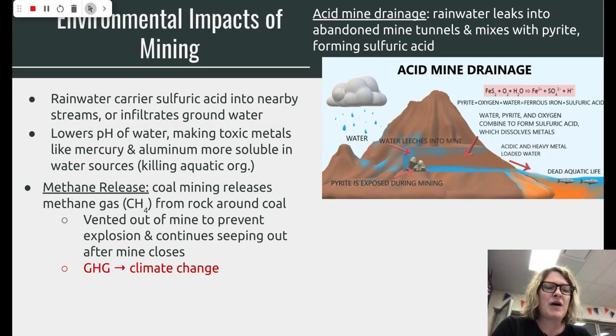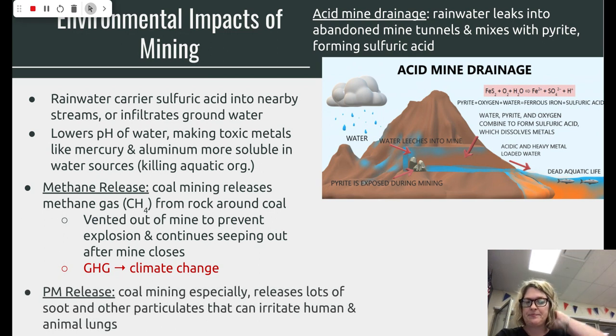And even after mines are shut down, once we're done mining and the mine is closed, methane continues to seep out of the rocks that have been disturbed. And so this is a real problem because methane is considered a greenhouse gas. This then gets into the atmosphere as well and contributes to our issues with climate change.